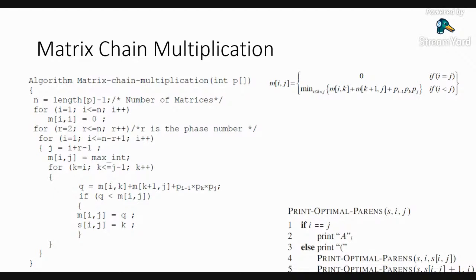Okay, and similarly, after computing this m and s, m is the matrix which is storing the minimum number of scalar multiplications, and s is storing the value of k for which it is getting minimized. This is the result for printing the matrix multiplication sequence.